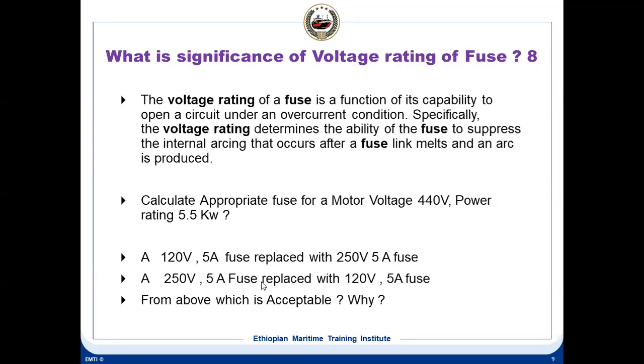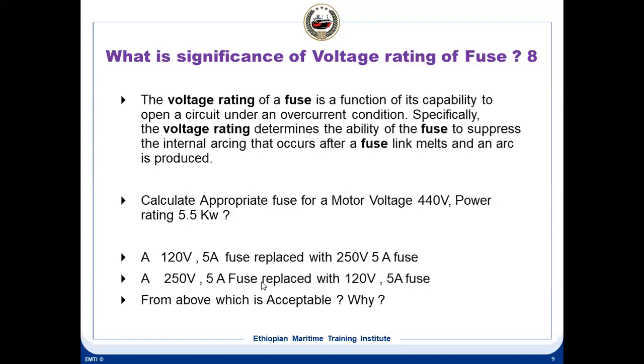So you cannot replace a 250 volt 5 amps fuse with a 120 volt one, but you can replace a 120 volt 5 amps fuse with a 250 volt 5 amps one. The amps rating has to be correct because that is the interrupting capacity, but you cannot replace a higher voltage fuse with a lower voltage fuse. Okay.